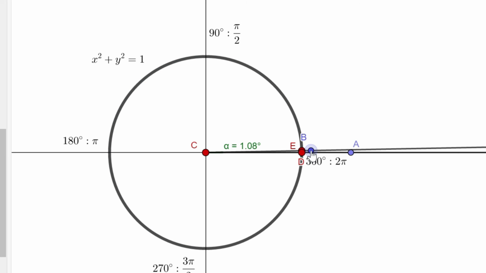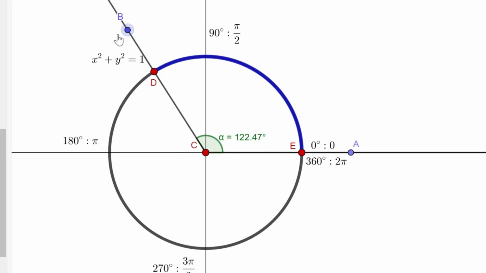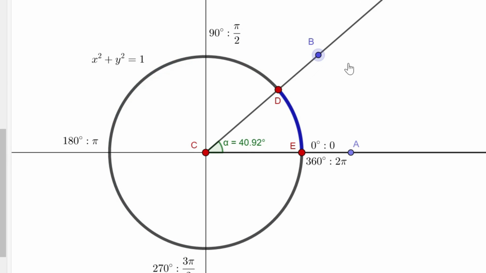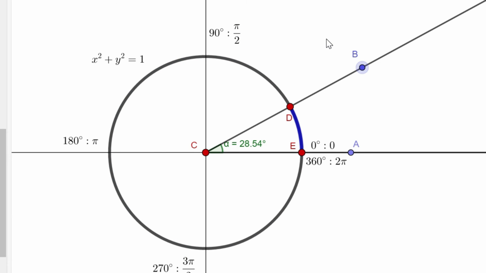What if our degree measure is 0? So if our degree measure is 0, then the radian measure of our angle, or the length of the arc that it traces, is also 0. So you can see here now the working ratio between degree measures and radian measure.